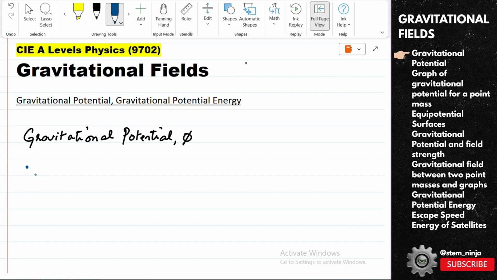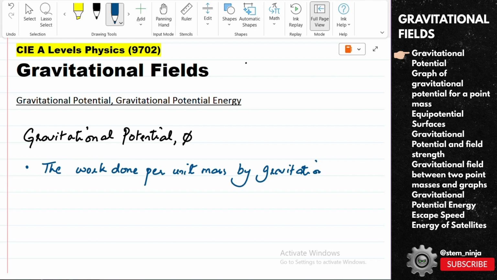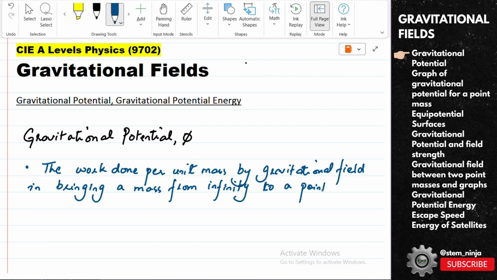The definition for this, you can write it in different ways, but an exam-friendly definition is the work done per unit mass by gravitational field in bringing a mass from infinity to a point in the field.